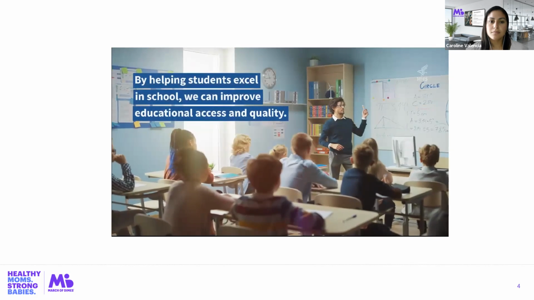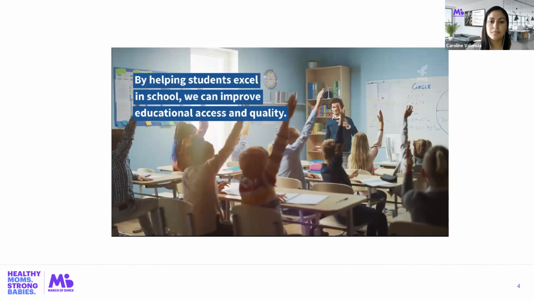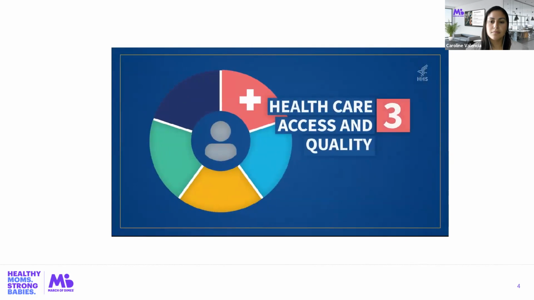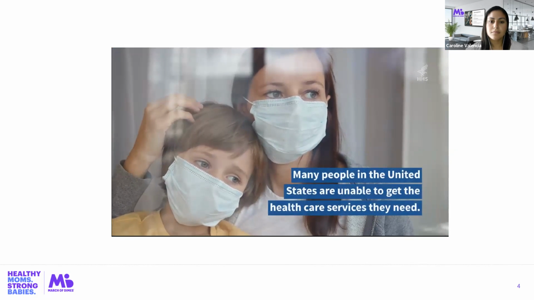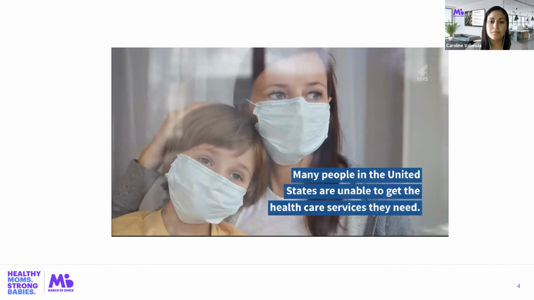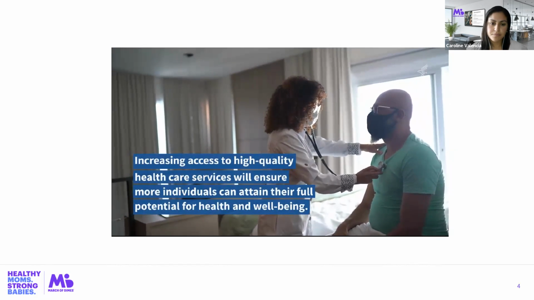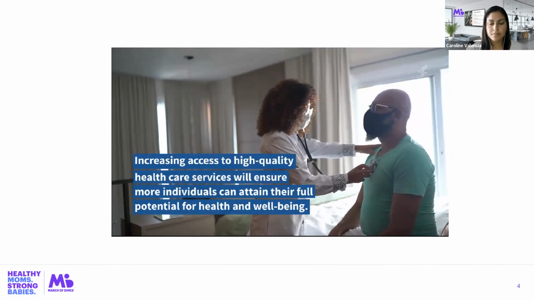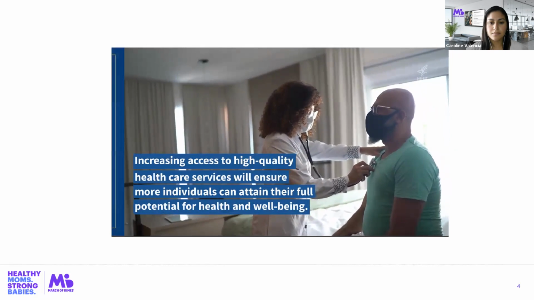By helping students excel in school, we can improve educational access and quality. Third, healthcare access and quality. Many people in the United States are unable to get the healthcare services that they need. Increasing access to high-quality healthcare services will ensure more individuals can attain their full potential for health and well-being.